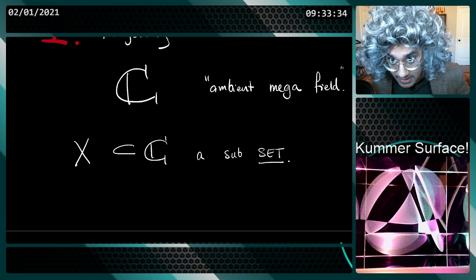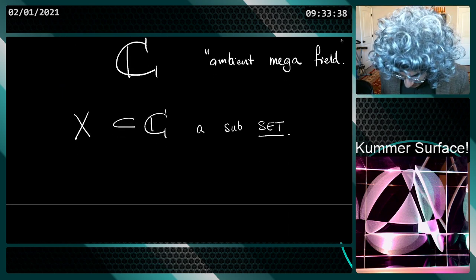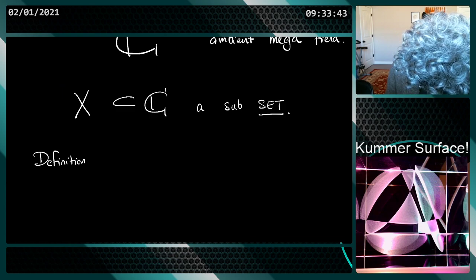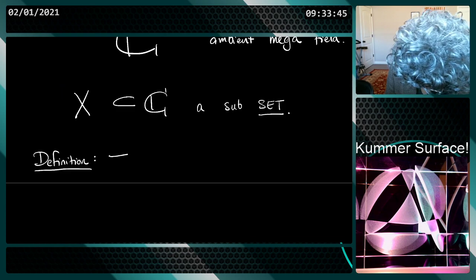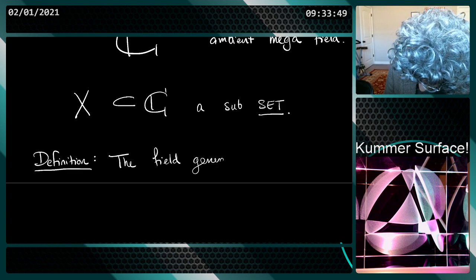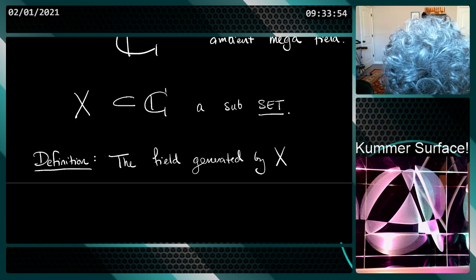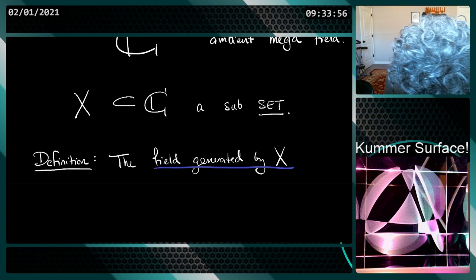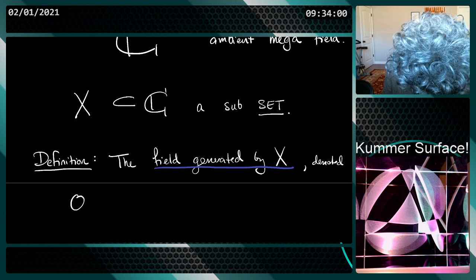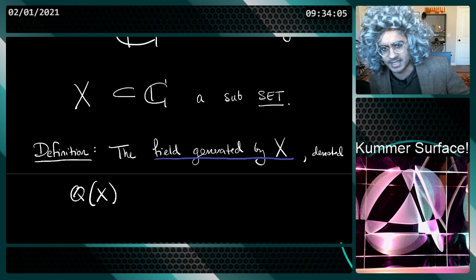Okay, then you can create the field generated by this set, denoted Q adjoin X. I'll explain the Q in a second.